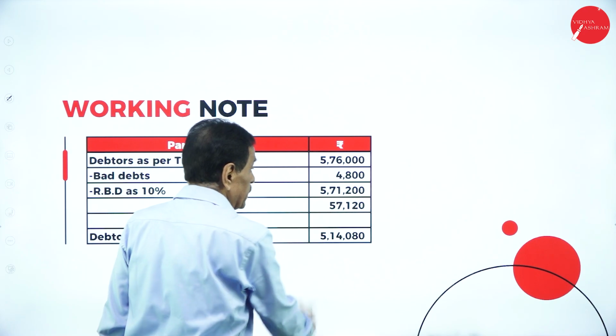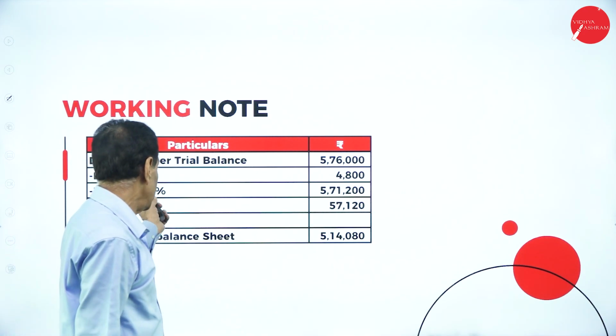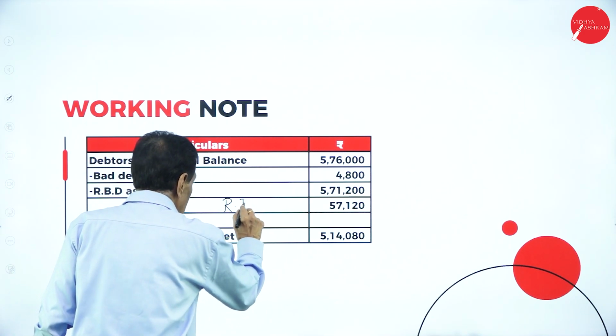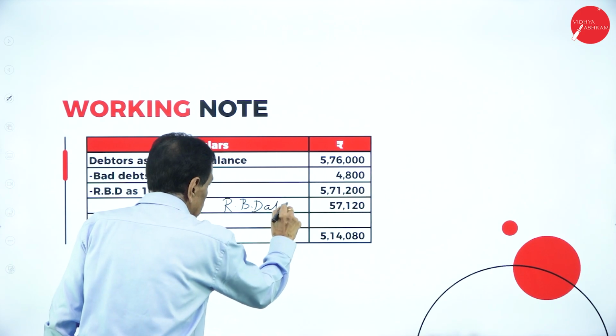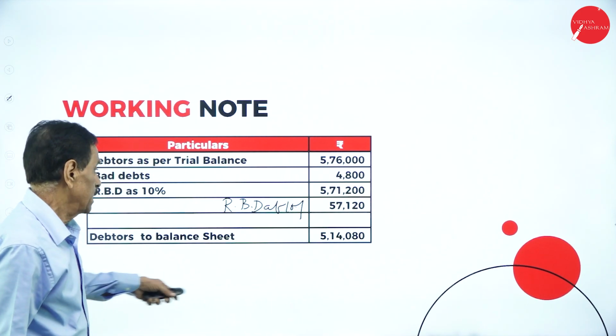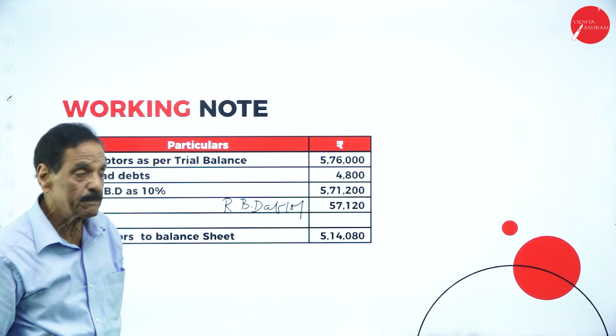It becomes 5,71,200. If we get 10% minus RBD at 10%, 57,120. The balance is 5,14,000 [sic; 5,14,080]. This will come on the asset side of the balance sheet.